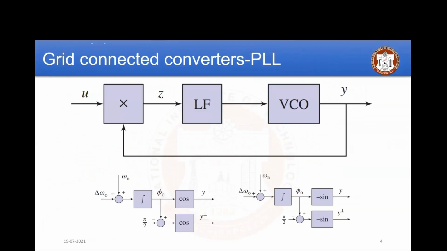If you connect any inverter setup to the input source, and you connect it to the grid, you have to make sure that you are going to meet three things. One is voltage magnitude, phase, and frequency.